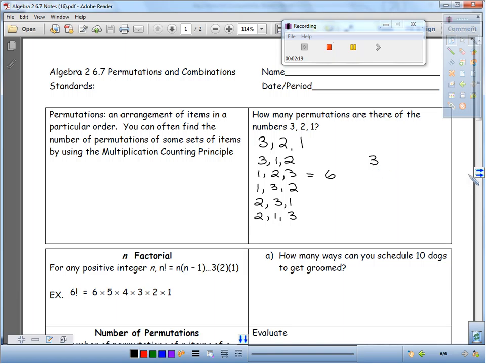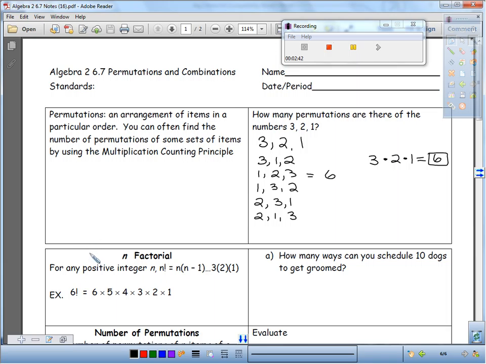Now after I've picked 1, how many are left? 2, so the next time I pick from 2. Now I've chosen 2, how many are left? 1, so the last time I only have an option of 1. So I can just multiply them all together, 3 times 2 times 1, and that gets me the number of possible ways I can arrange them.